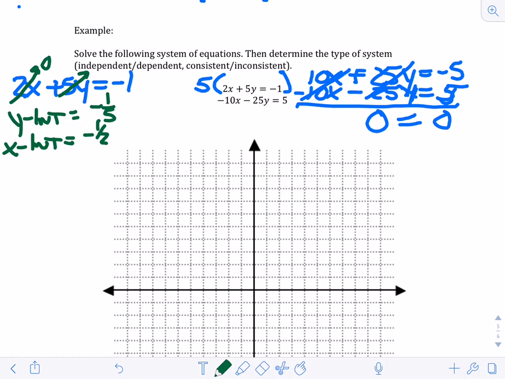Okay, well that doesn't seem so out of the ordinary. We can plot these. And since we've got our 2 points, we can draw a line.